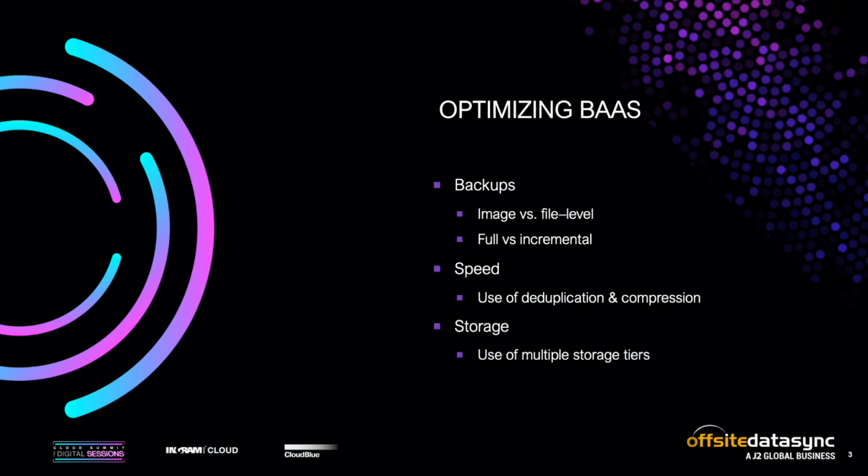But think about what you're really trying to accomplish with the recovery side of backup as a service, and thinking about the optimization that goes on, the amount of data that is being passed through on a given backup, all those kinds of issues might come into play when you think about image versus file level, so keep that in mind.